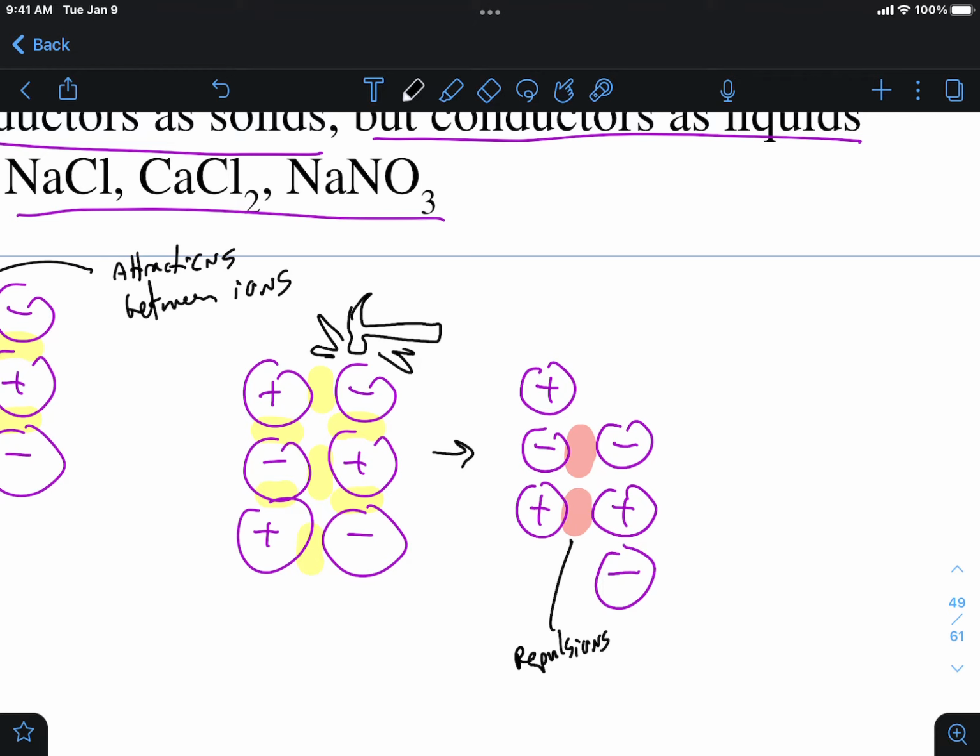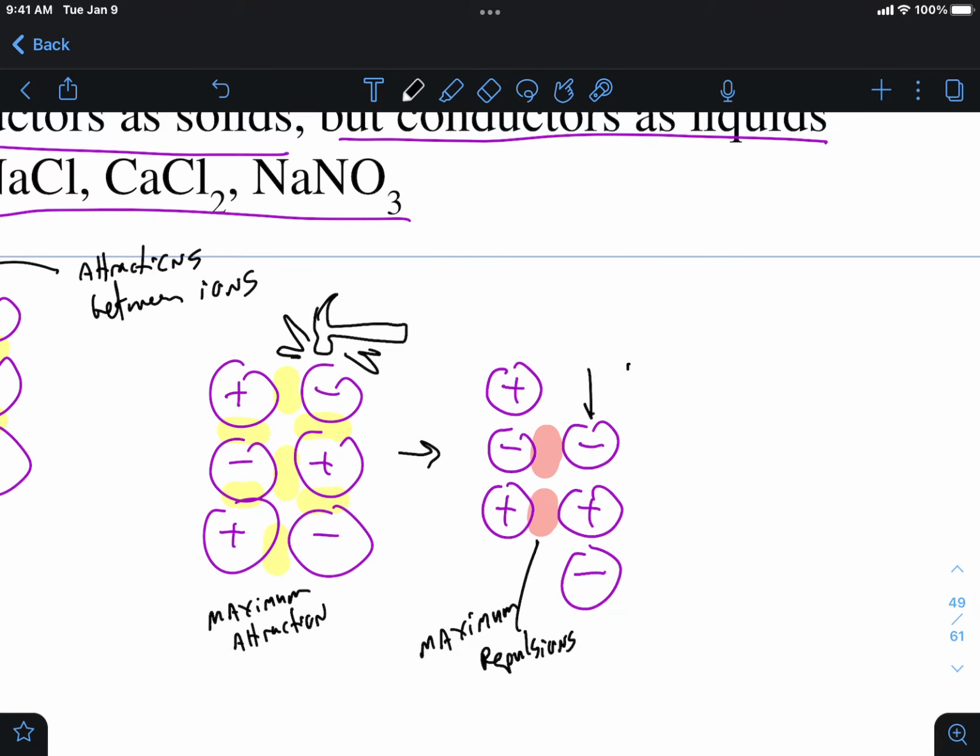We go from a state of having maximum attraction to maximum repulsion in a split second, because this row of ions that was aligned is now pushed out of alignment. So one second, they're really attracted, and a second later, they're really, really repelling, and therefore it's going to fly apart.